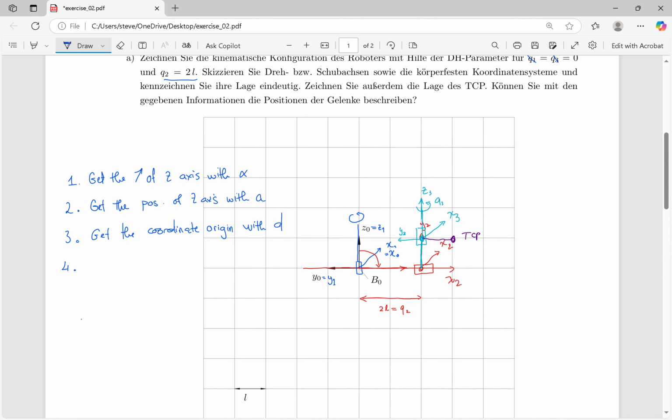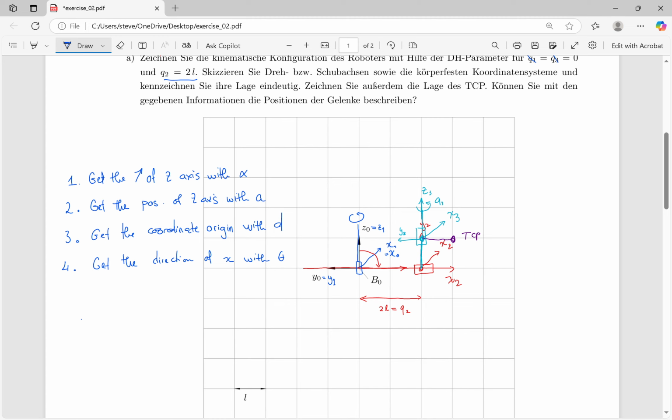And fourth one is get the direction of x with theta.